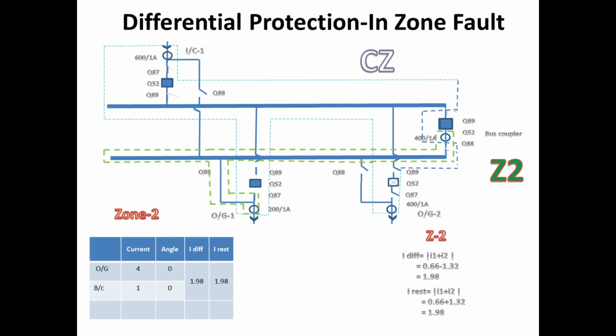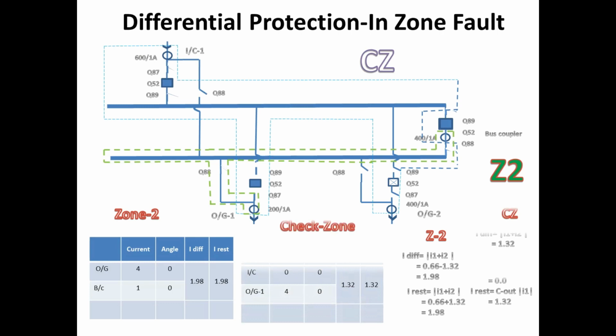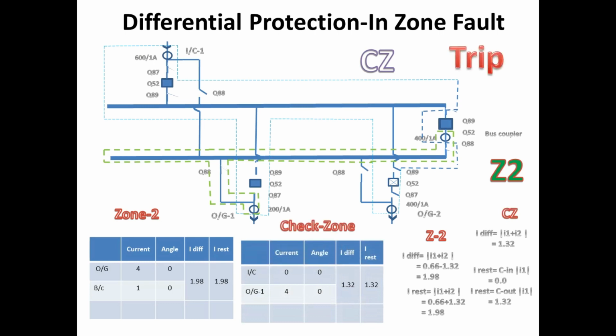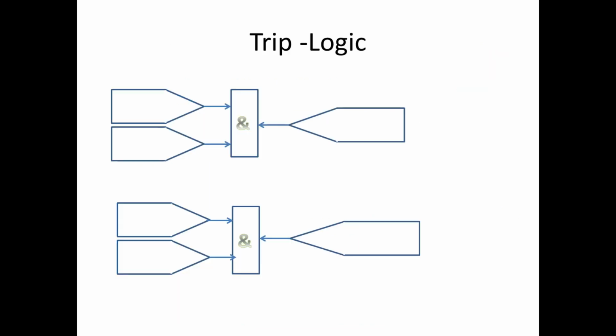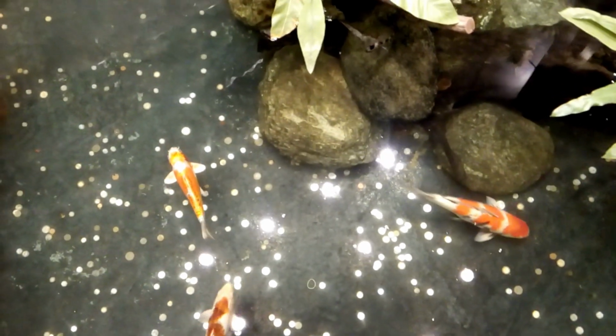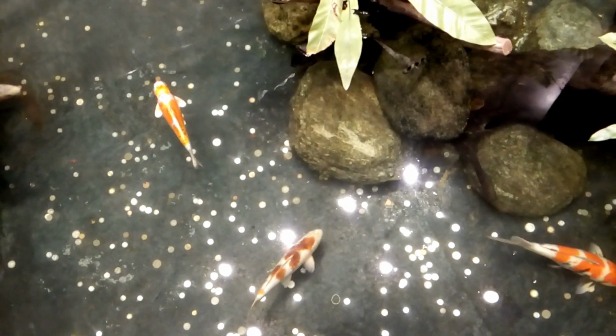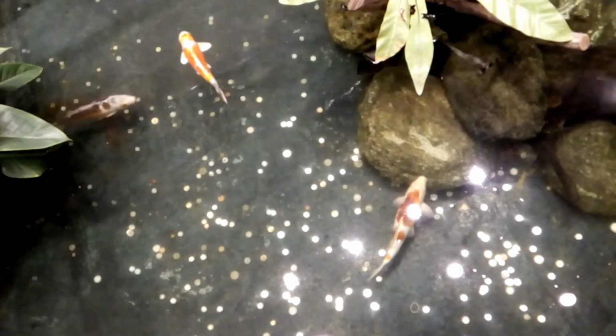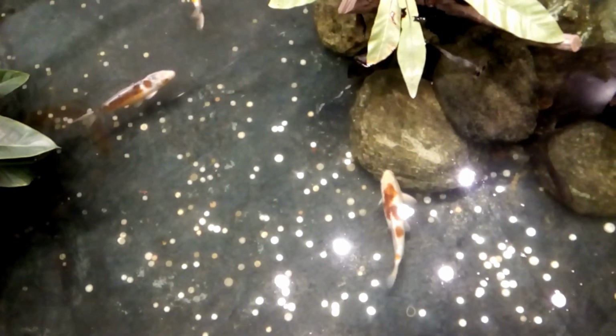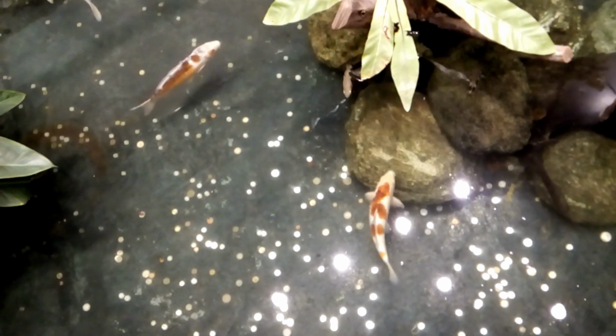When it checks on check zone, now only the outgoing current is checked. For outgoing it directly gets 1.32. So it gets I differential 1.32. Now zone 2 and check zone both get I differential current. Now it goes for tripping, but here it gives trip to all breakers, that is, all our incomer breakers will give trips. So the full plant gets shut down.